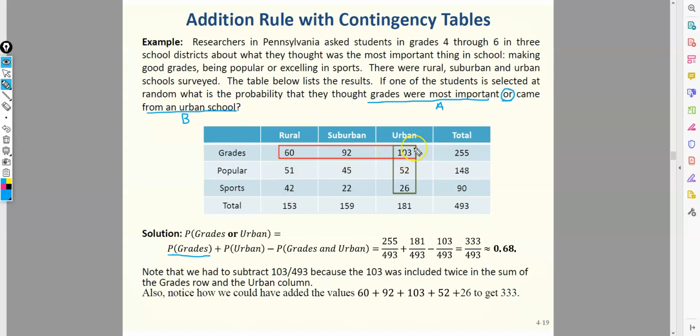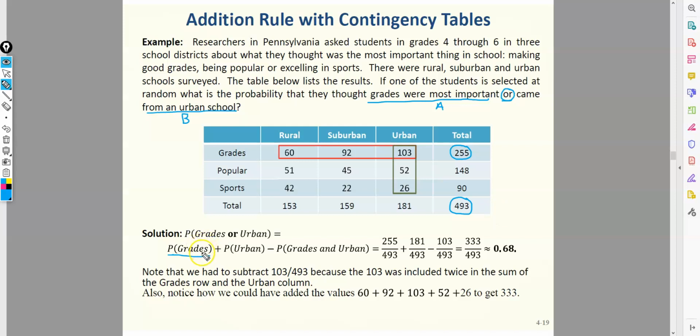Now, to calculate these probabilities here, probability of grades, we need to sum all of the values in the grades row, which we have in this rectangle right here. Now these numbers sum to 255 that we have over here in the totals column. And we have a total number of students who were surveyed being 493.